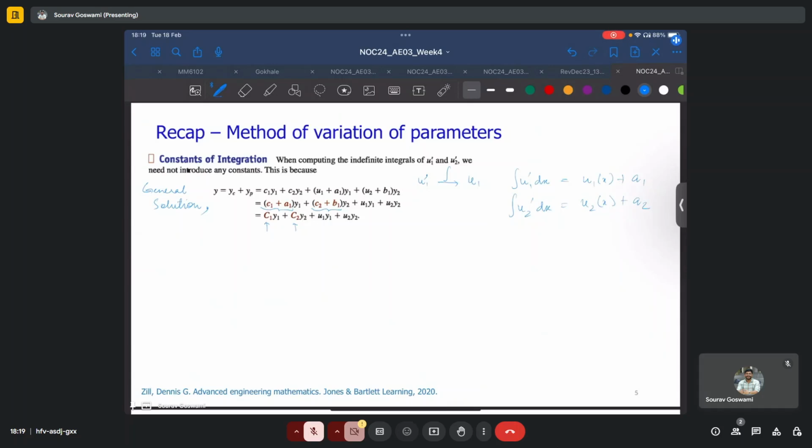Another method which was discussed previously, and which you might be familiar with, is the method of undetermined coefficients, where you look at the general form of the RHS function, say f of x, and then try to guess a solution based on that general function. So if on the RHS you have something like sine of x, you start by assuming the particular solution to have a form like c1 sin x plus c2 cos x, because you know the derivative of sine will be cos, the derivative of cos will be minus sine, and so on.